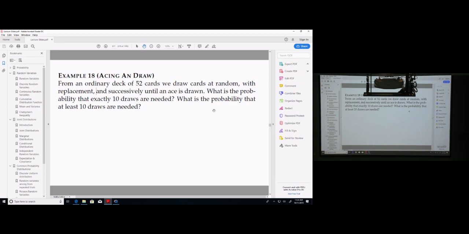In waiting for success, the first and most important parameter that you need to know is the probability of success. In our situation, success is the same as getting an ace in a deck of 52 cards. There are 4 aces, so 4 out of 52, which is 1 over 13. So the probability of success is 1 over 13.